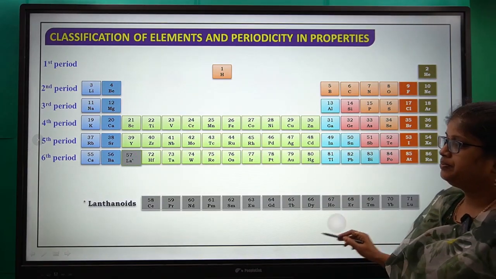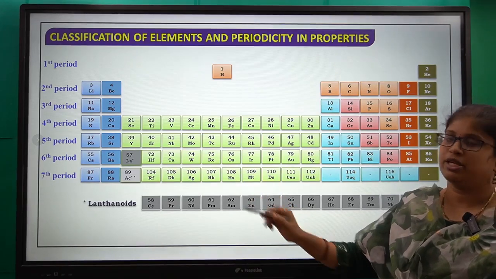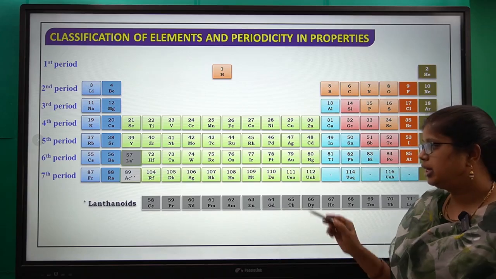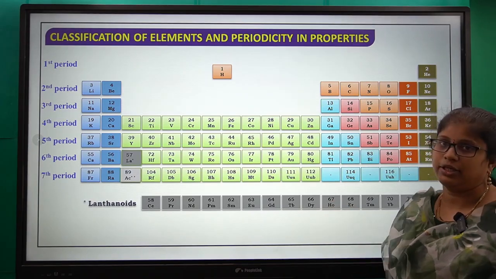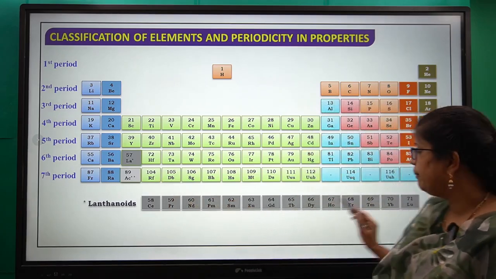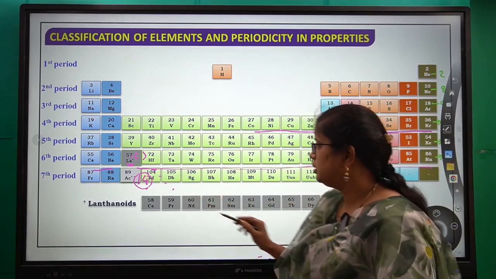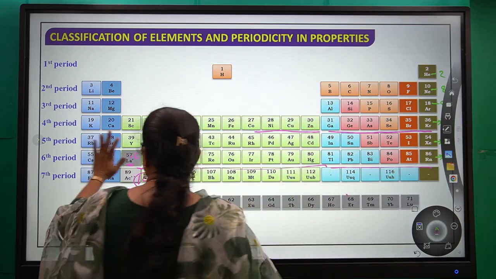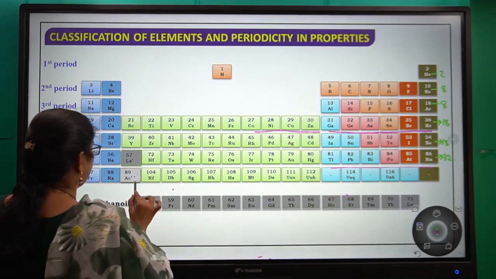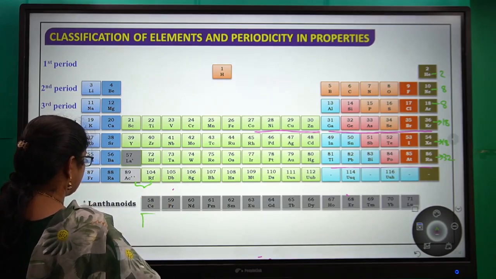Okay. Next, seventh period. The seventh period contains the elements from francium to the last, 118th element. Again the same, it has 32 elements. But here after actinium, again it has 14 elements. Those elements are taken and arranged at the bottom. Those are called actinoids.